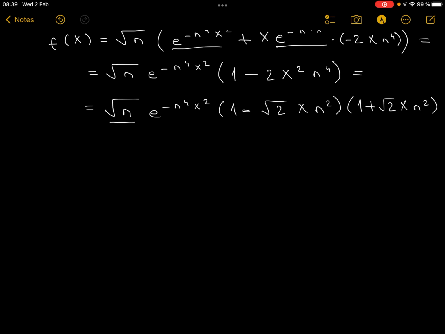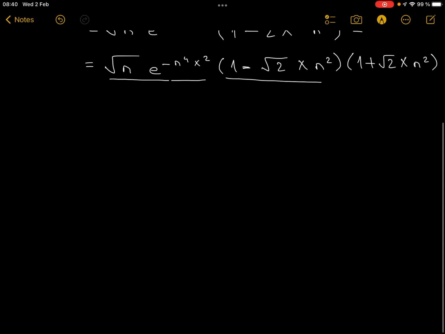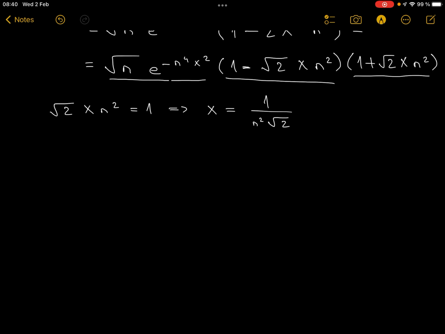Okay, now this part is always going to be positive. And let's find the zeros of these two parts. So from the first part, we get that the square root of 2 x n squared is equal to 1, or in other words, x is equal to 1 over n squared times the square root of 2, or when we rationalize it, the square root of 2 over 2n squared.